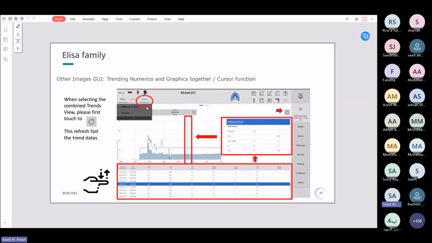You can retrieve it for the patient. It will save all the settings for the patient, and also the graphs for the patient. That helps the end user, the RT, the doctors, to do investigations about any incidents that happen, or if they are interested in doing some research on the patients.